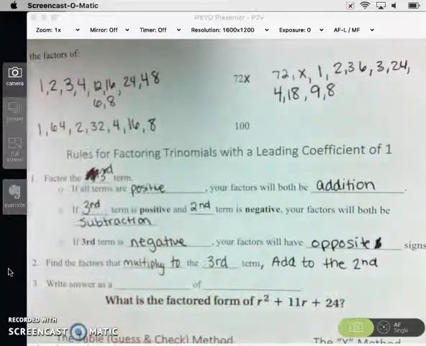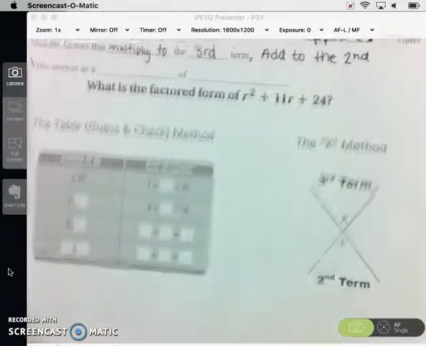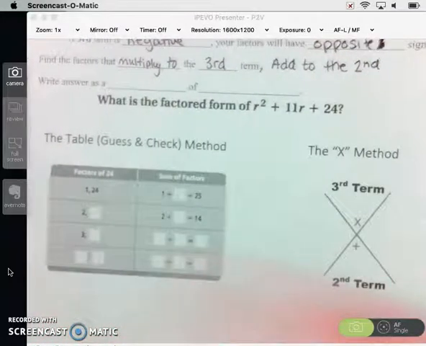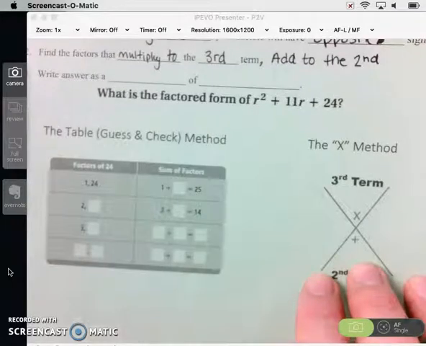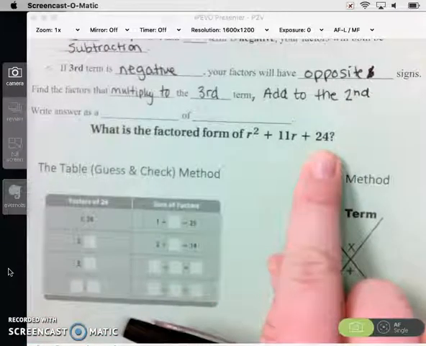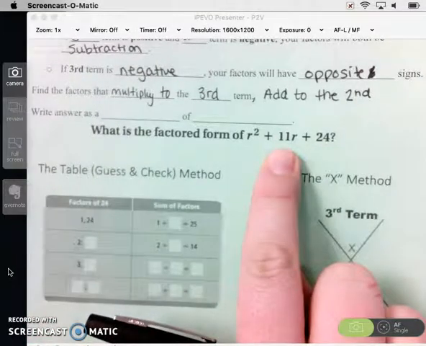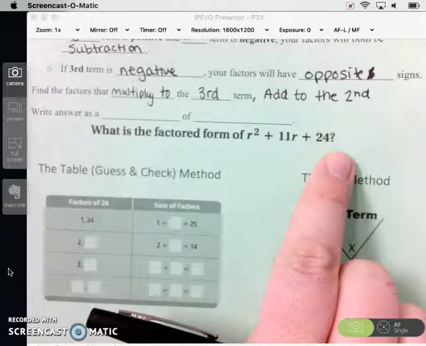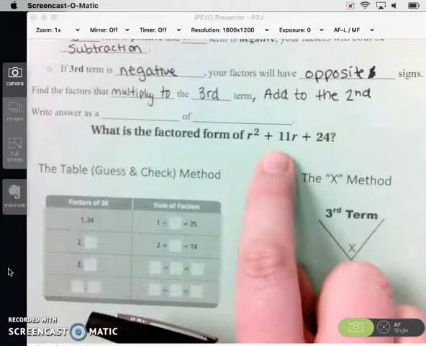So there are a few different ways to do it. There is a table method and the X method. So you want to find the factors of the third term that add up to the second term.